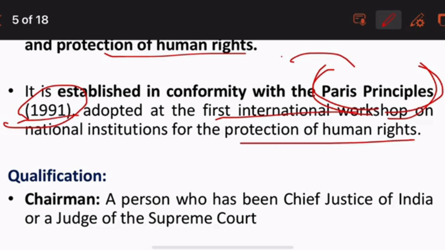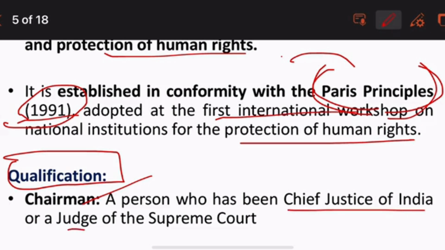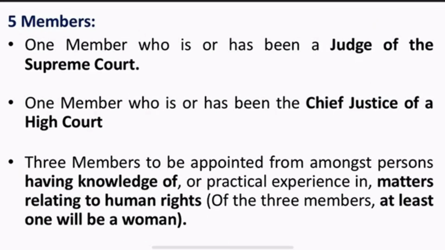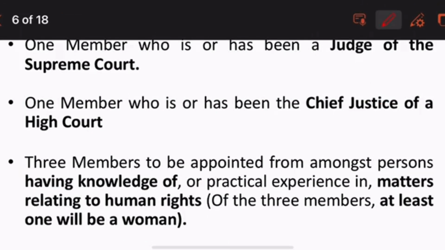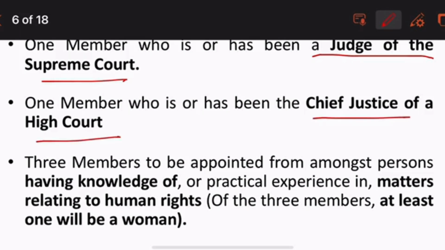The Human Rights Commission has a composition of a chairman and members. The chairman should be a person who has been Chief Justice of India or a Judge of the Supreme Court. And there should be 5 members. 1 member should be a Judge of the Supreme Court. 1 member should be a Chief Justice of a High Court.